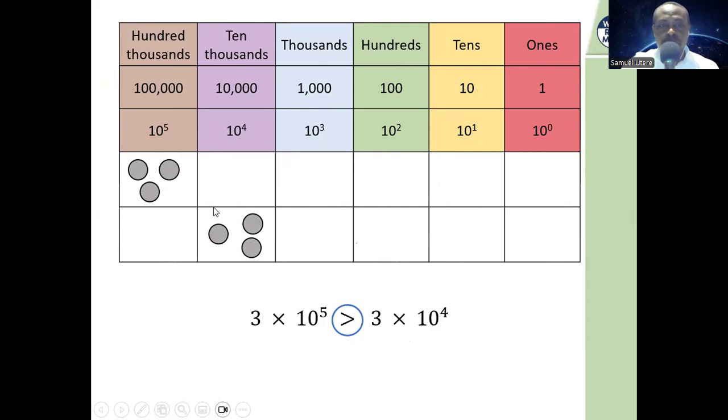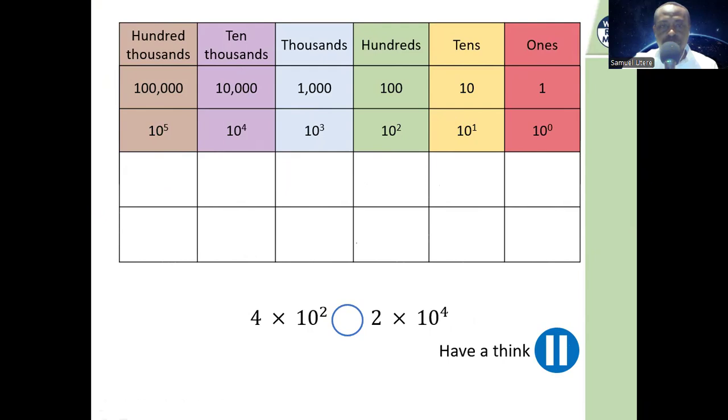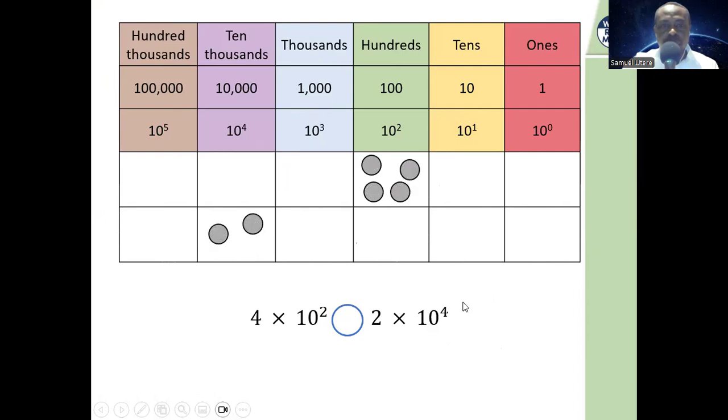Because when we place it in the place value column, we clearly see the place values. What about this one? Have a think. Well, this is very obvious that that number must be less than this number because of the place value columns.